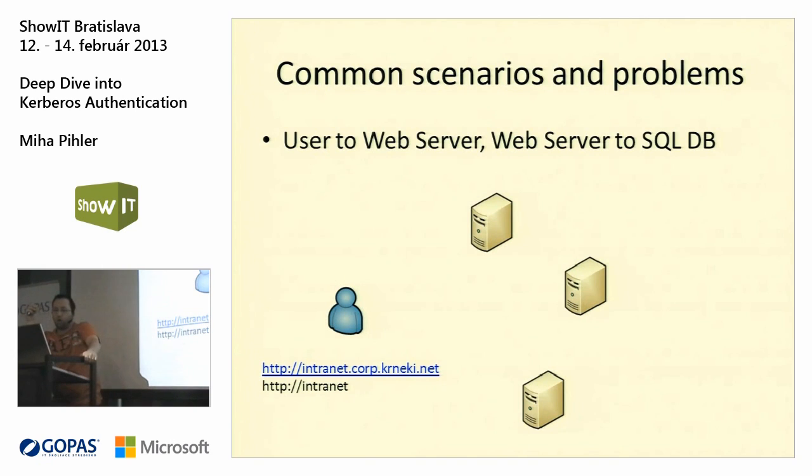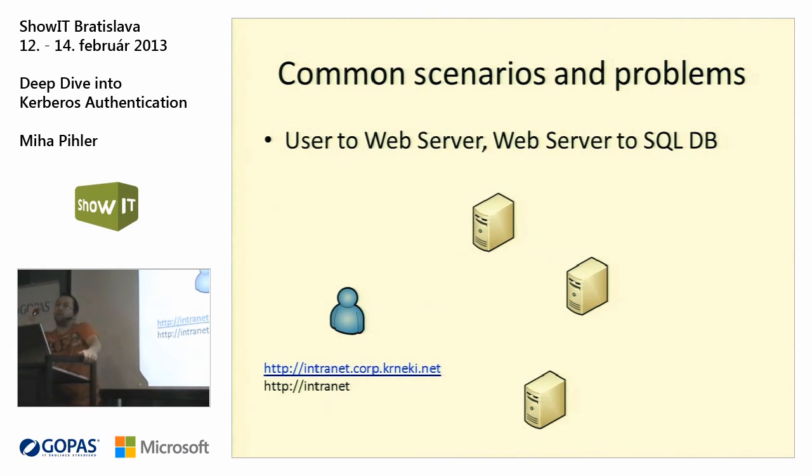I want to log on to this web server and get, let's say, my billing hours. Miha's billing hours. How many hours did I work this month? When some other person comes to this intranet, he wants his hours, not mine. So I have to authenticate as Miha, and he has to authenticate as himself.